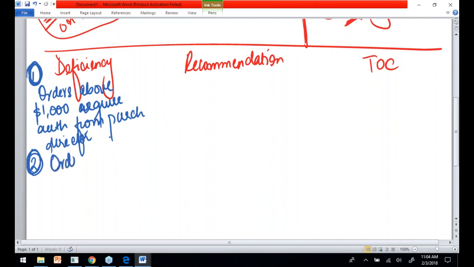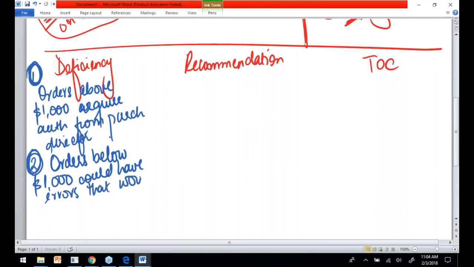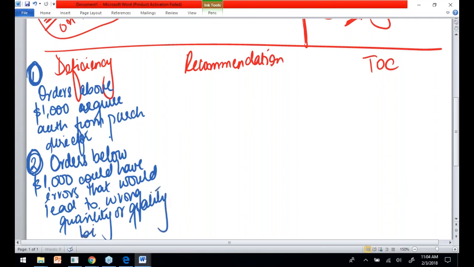So orders below 1,000 could have errors that would lead to wrong quantity or quality being accepted by the business.